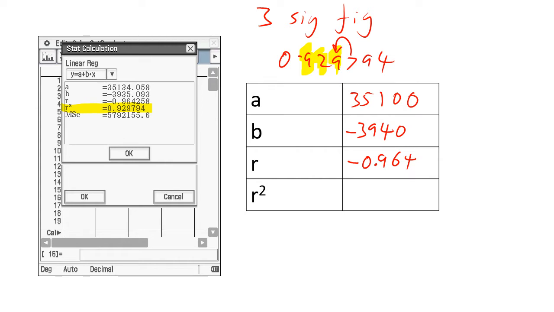So it's not 929, it's going to be 930. So that's going to equal 0.930. But don't forget, R squared, you have to times by 100 to get it into a percentage. So it's actually 93.0%. And those are the values we're going to keep referring to when we write our report.